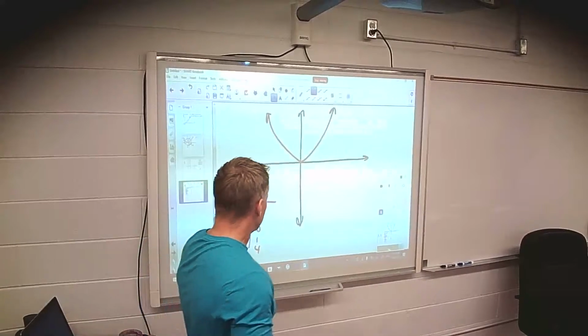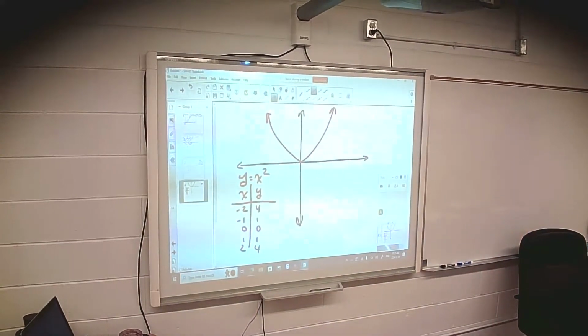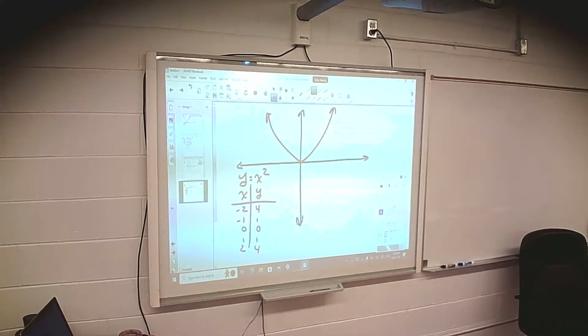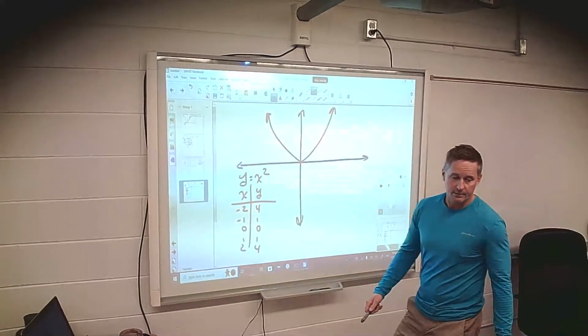Do any of those x values have more than one y value attached to it? Yeah. Which one? -2 and 4. None is the correct answer.